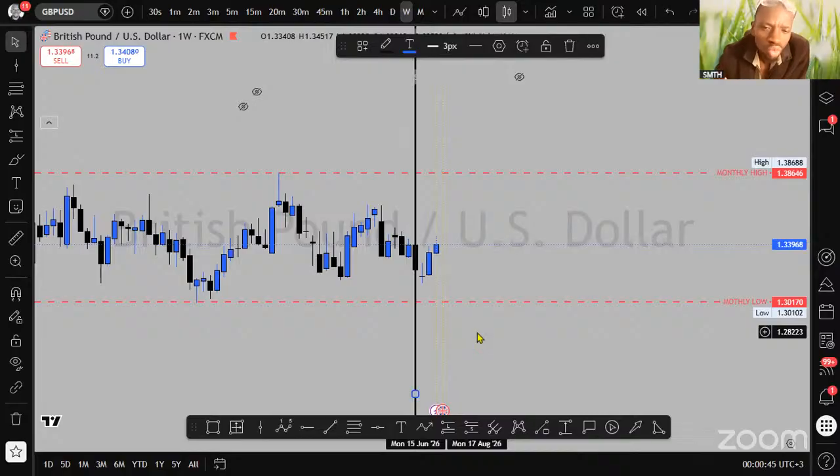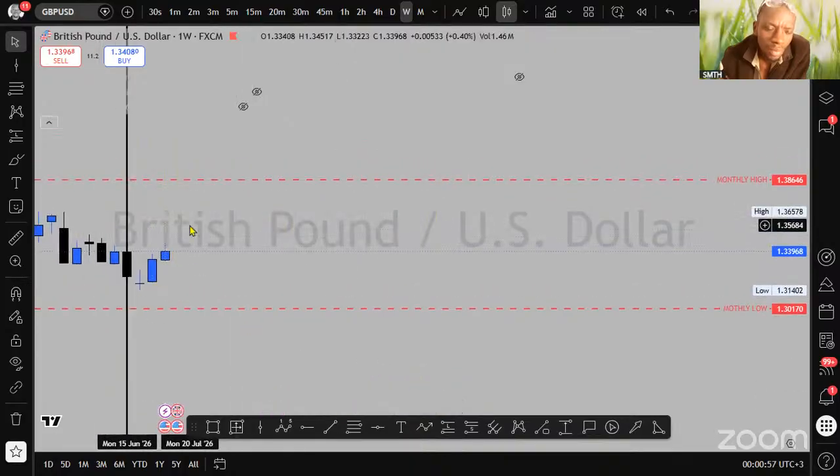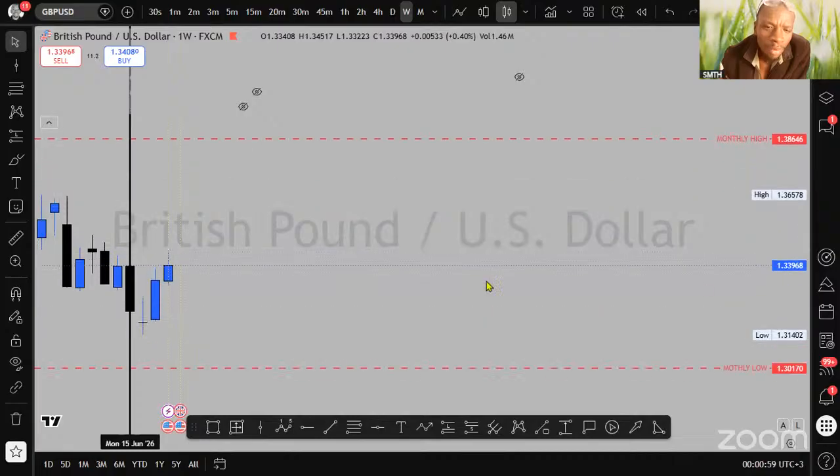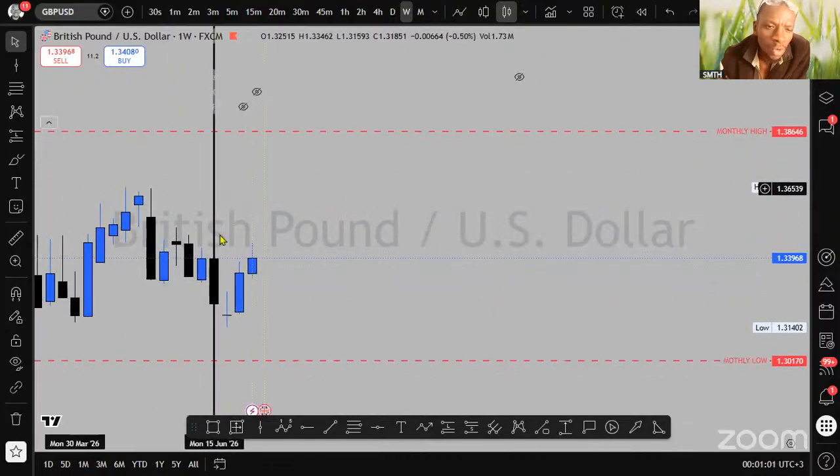True? Do you guys see why I've focused on that horizontal line there? It means I'm not going to mark anything huku. I'm just going to focus na hii area, hapa. You guys copy that? Yeah.